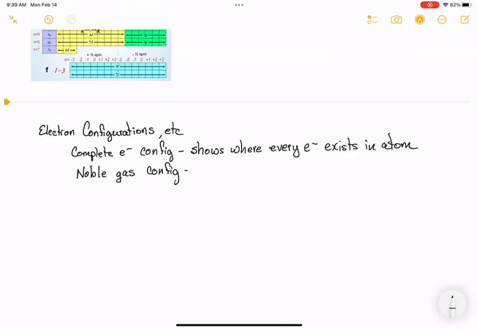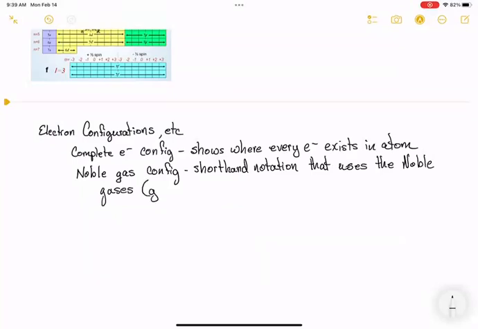And this one basically is a shorthand notation that uses the noble gases, which is group 18, as a starting point in developing the configuration.